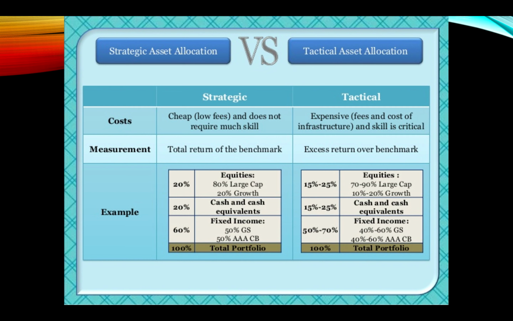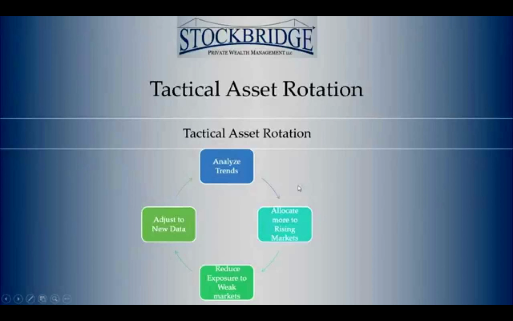All right, so as long as, of course, the total portfolio adds up to 100%. In this case, the manager says that the tactical asset allocation is more expensive than the strategic. Actually, I don't see a lot of that in terms of fee schedules with a lot of firms.